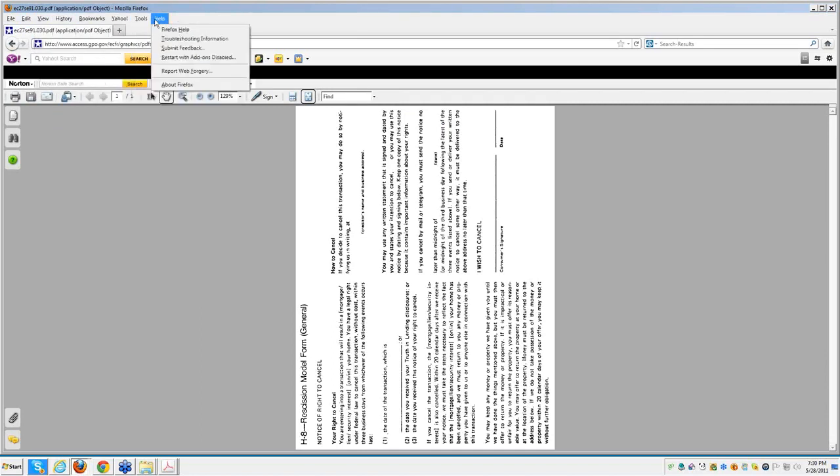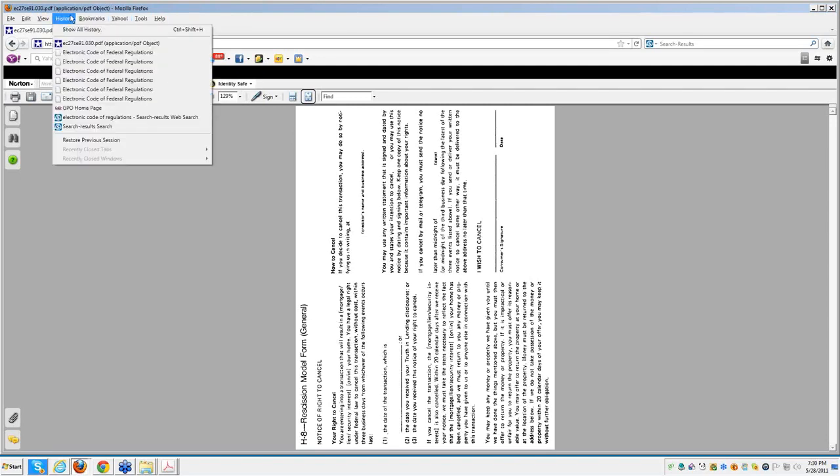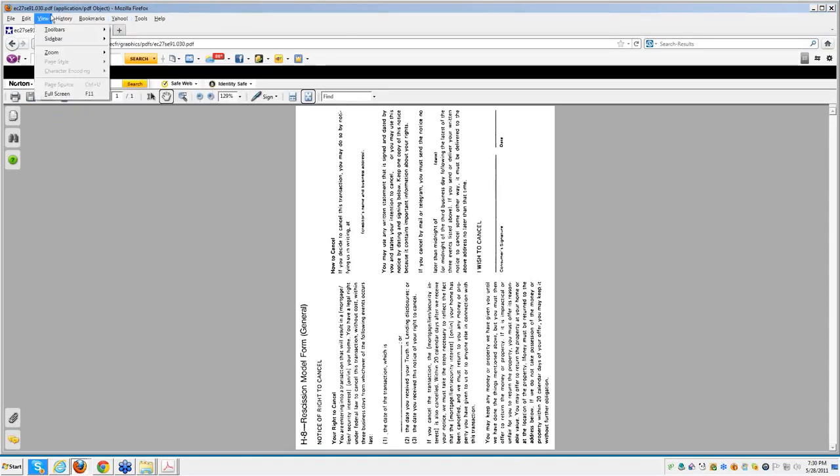PDFs are a little bit different than regular docs. It should be under view, but it's not there. Look under your toolbars. It's not rotating. Anyway, we got a side view of it, so they'll know where to look in Appendix H under TILA 226.